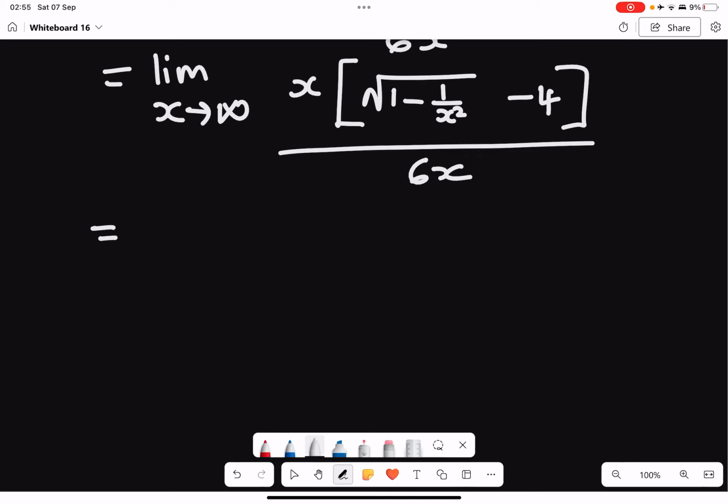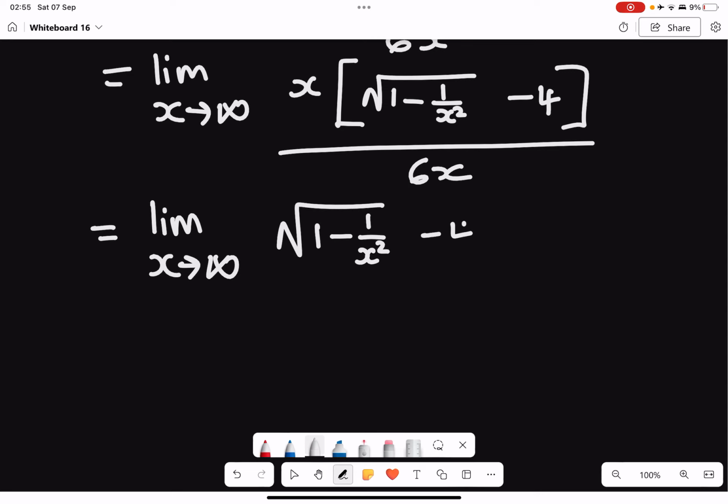So now I'm left with limit as x approaches infinity, and then here I have square root of 1 minus 1 over x squared minus 4 all over 6.